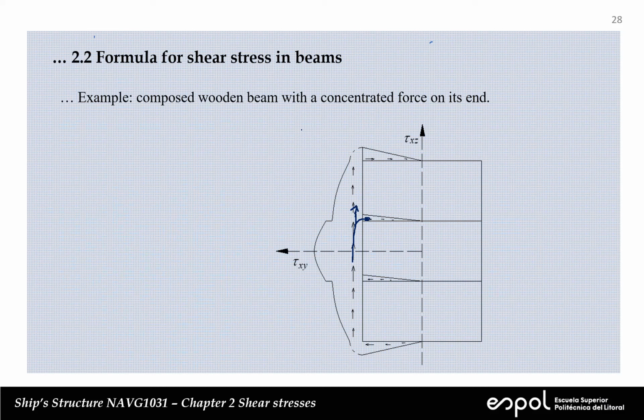And then you go all the way up, and then you change sign, because you need to cancel this effect with this effect. And in here, again, you have up, there is a bifurcation, and then you go like that.